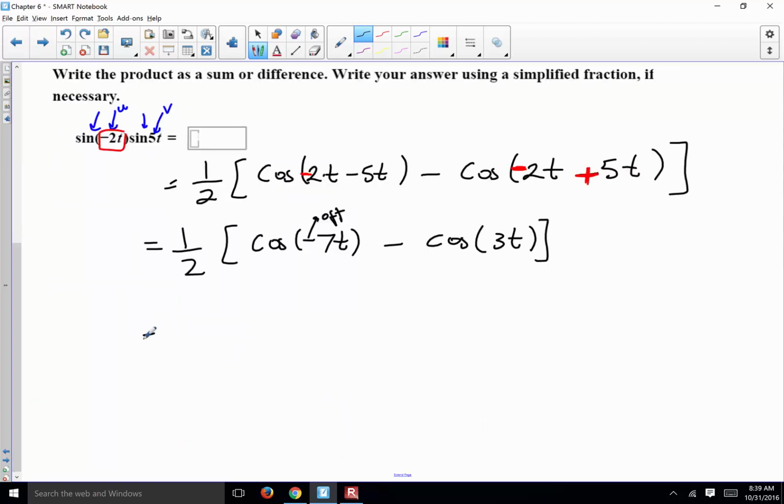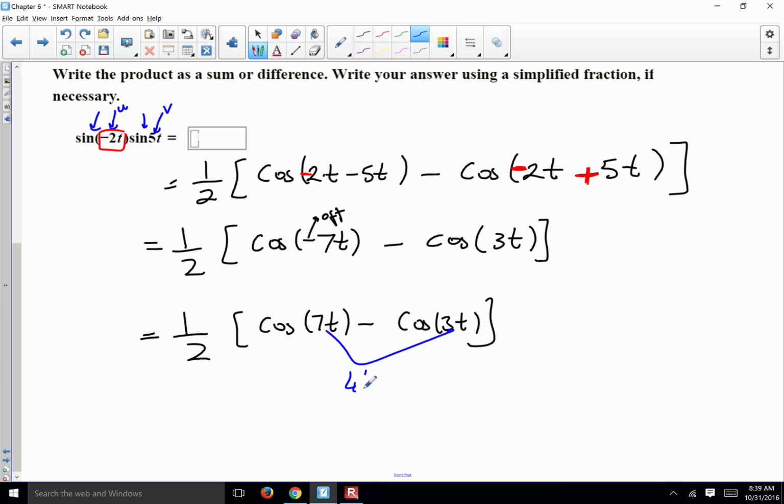We will have 1 over 2 cos 7t minus cos 3t. I have one more thing I can do, I believe. Can I subtract 7 and 3 make 4t, cosine 4t? No. Sine and cosine won't subtract like that.